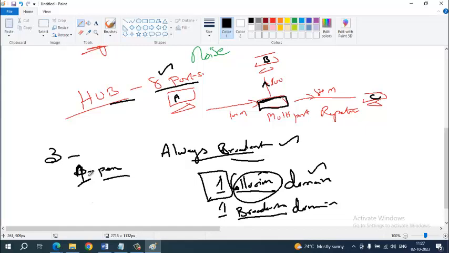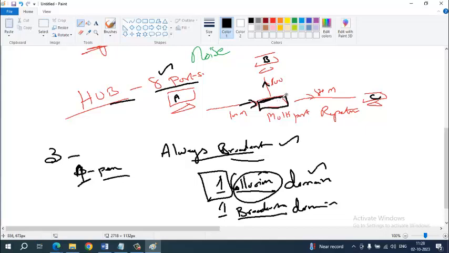Likewise, if A is sending traffic, because there is no separate dedicated path for A to reach B, all will try to share the same path. Here the pen is the path.